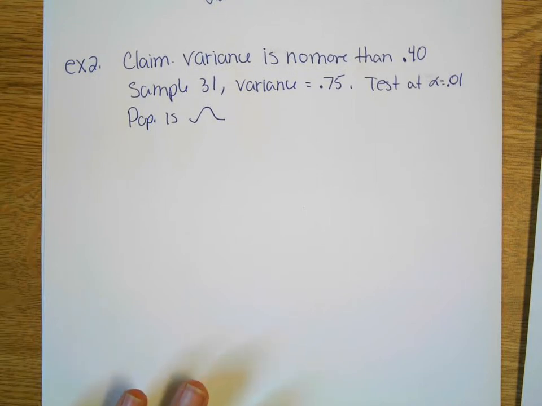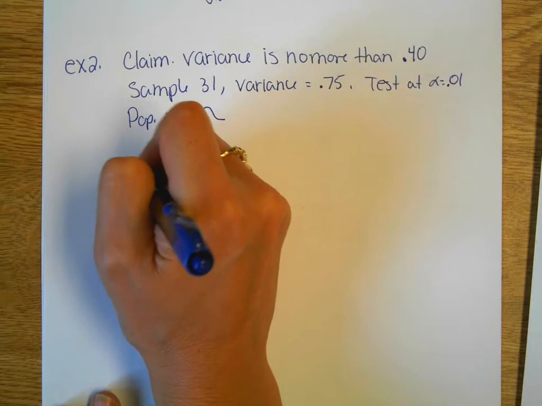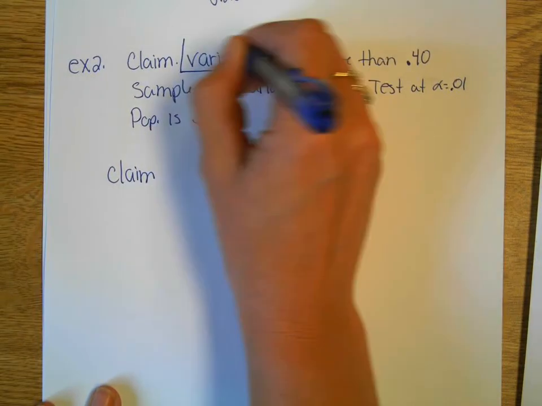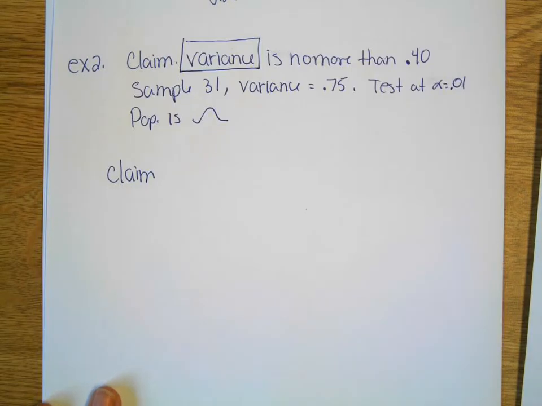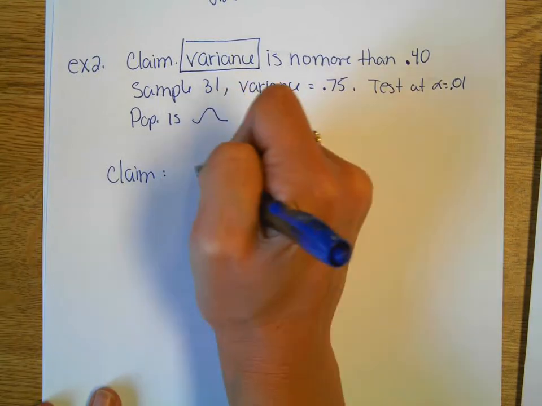So we go through the same 5-step process. Rewrite the claim first, but get the symbols right. Because this one is about variance, that's what tells you to come to this chi-squared section of your card. What's our symbol for population variance? Sigma squared.